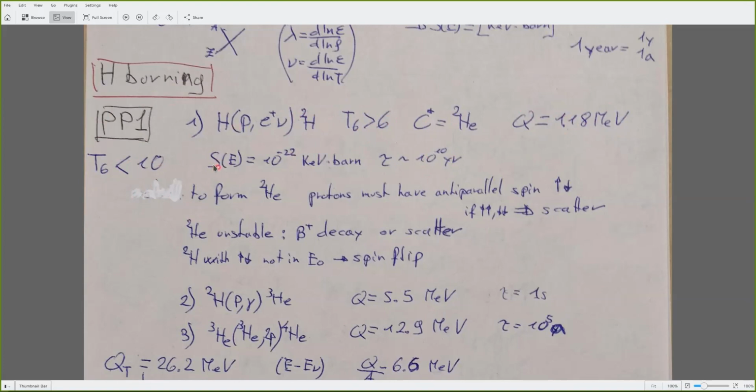You can see here the S is 10 to the minus 22 kiloelectron volt per barn, more or less, and the temperature here is 1 kiloelectron volt. That means that the mean life is 10 to the 10 years. A pair of protons takes 10 to the 10 years to collide and produce the deuterium.